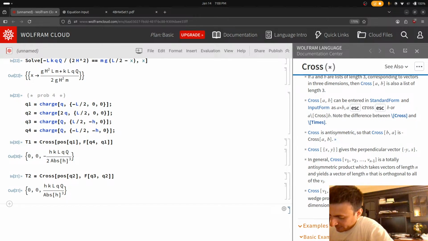Okay, now we just have to compute the torques. So the torque due to the tension is going to be equal to, let's see, (x minus L over 2, 0, 0) cross... Okay, wait, hold on.